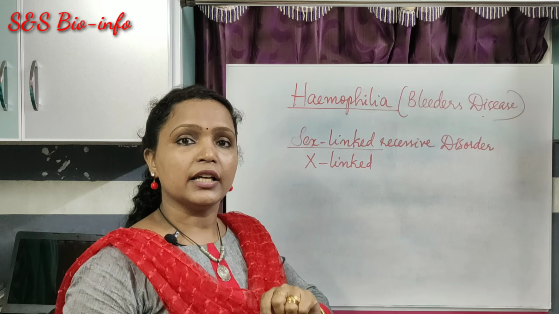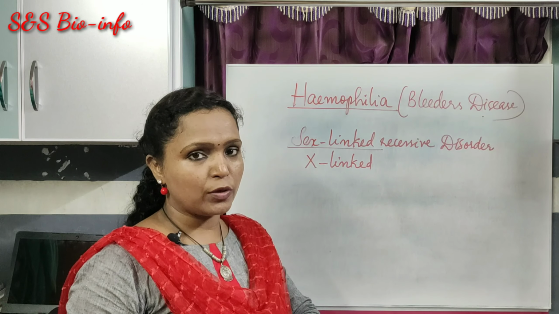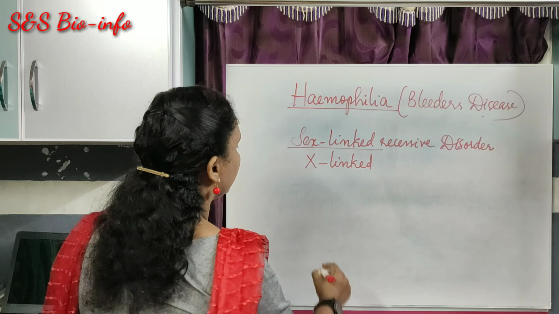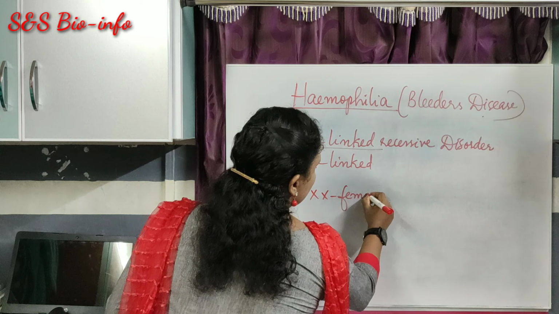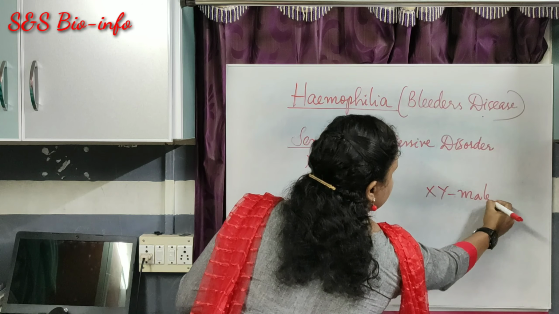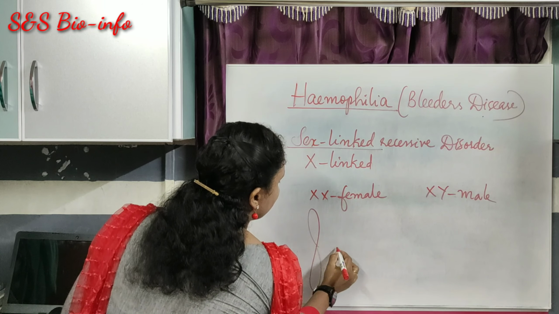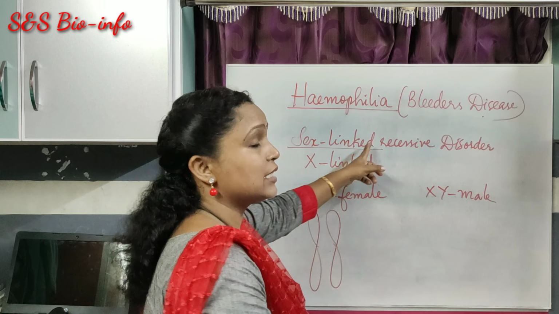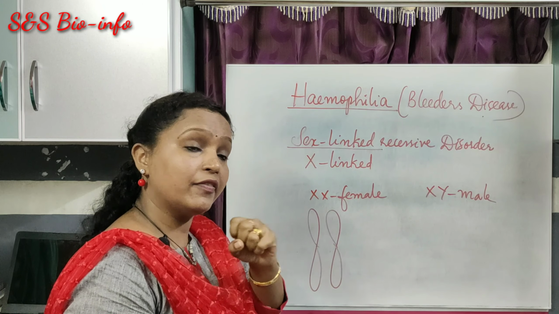We all know that human males and females have a pair of sex chromosomes in the diploid cell. Human females have the XX pattern of sex chromosomes, while males have the XY pattern. Got it? As it is a recessive disorder, it occurs due to the presence of a pair of recessive alleles.